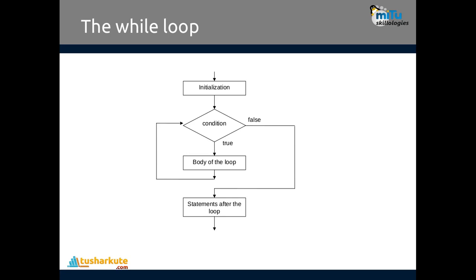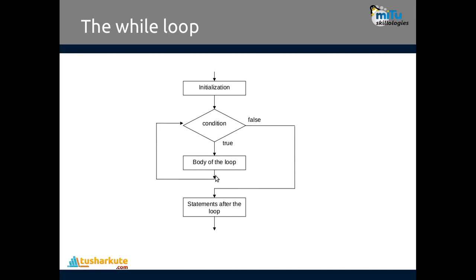Let's start with the first loop, the while loop. While is a loop control structure which is used to execute some statement a repetitive number of times. On the screen we can see a flow chart. We have some initialization part written in the program, then we will have a condition. If that condition is true, it will enter inside the block, and the body of the loop will execute.